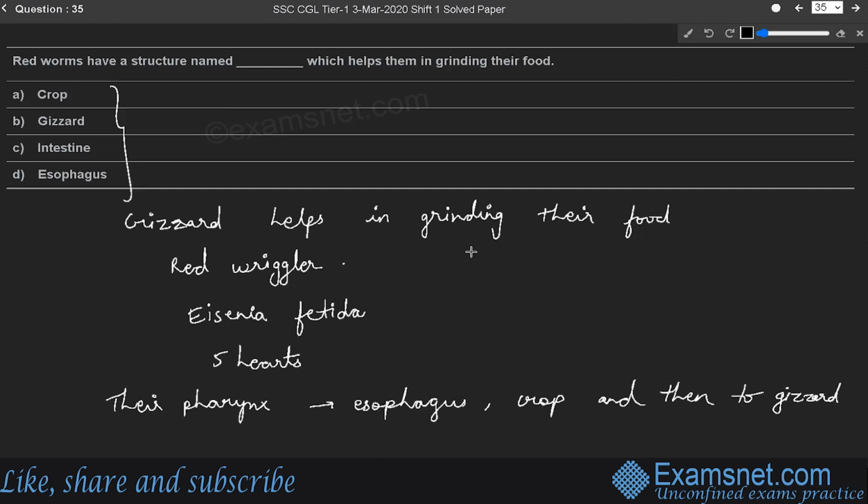So here the pharynx sucks in the food that travels down to esophagus, then to the crop, and then finally to the gizzard, where even the hard soil particles are crushed. And thereafter the intestine digests the food and all the nutrients are absorbed by the body and the waste is excreted. So here, excreta is used as a fertilizer.